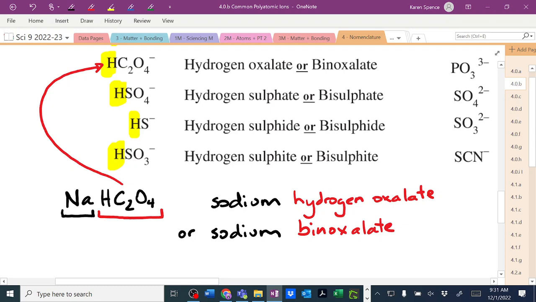We used to just have a comma in between here, and I would have students writing sodium hydrogen oxalate, binoxalate, right? And it would have this whole long thing, and I'm like, uh-oh, we need to make that more clear. So choose one or the other, don't use both, okay? One or the other, but not both.